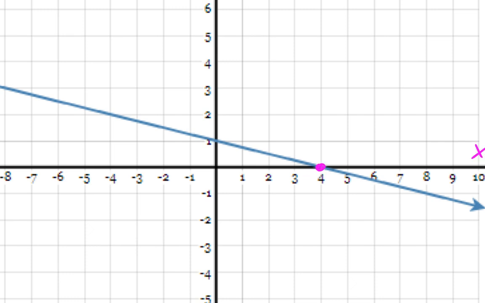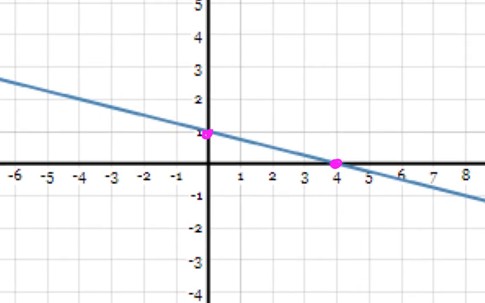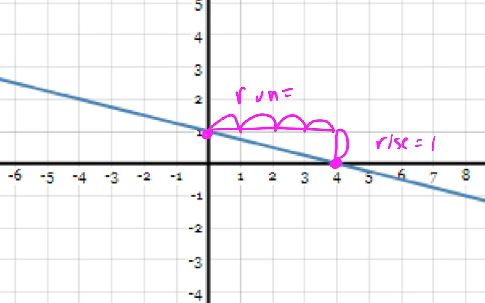And that is a good point, this is our y-axis. Let's look on here. That is a good point as well. Let's calculate our slope triangle. We're going to draw that right there and then draw that right there. The rise is equal to 1. The run is equal to 1, 2, 3, 4.